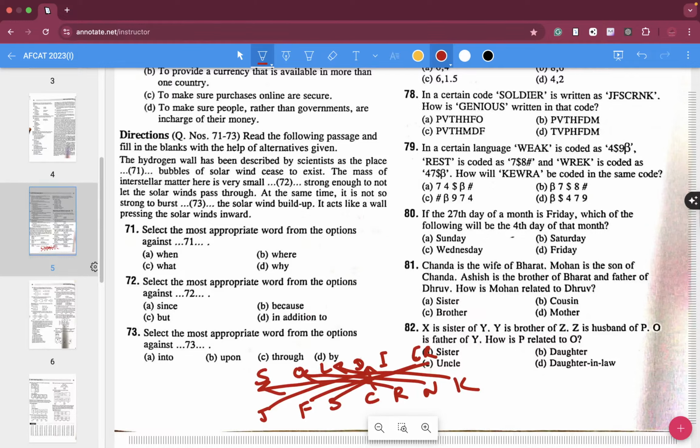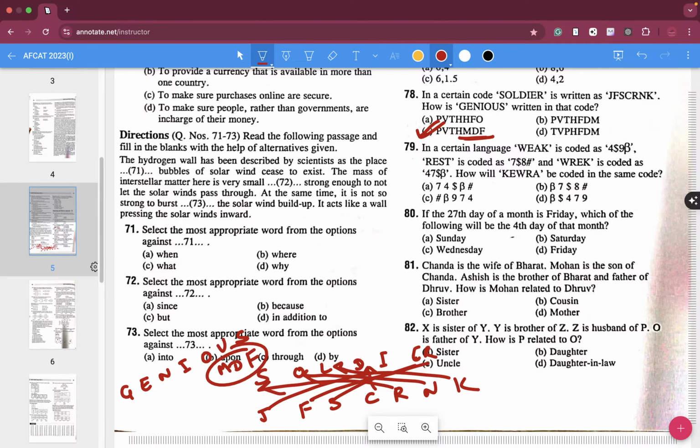Now similarly, if you write GENIOUS, in that case over here GENIEFG, the last one will be F, FG, then DE, MN. So MDF should be the last three. So MDF over here is the last three. So 78 C is going to be the correct answer for this particular question, folks.